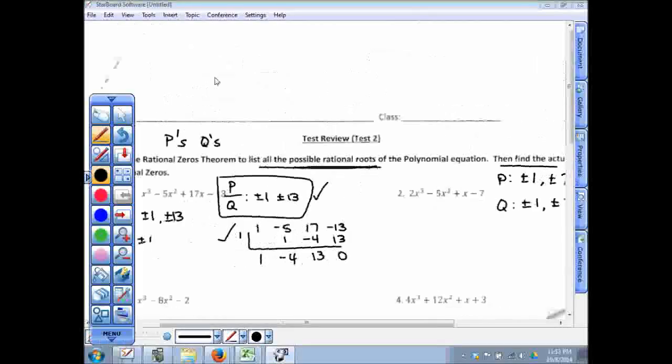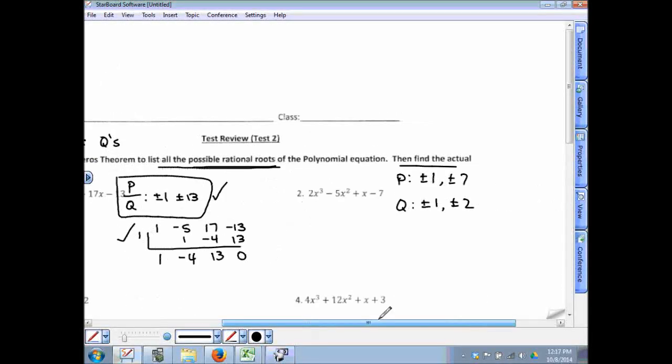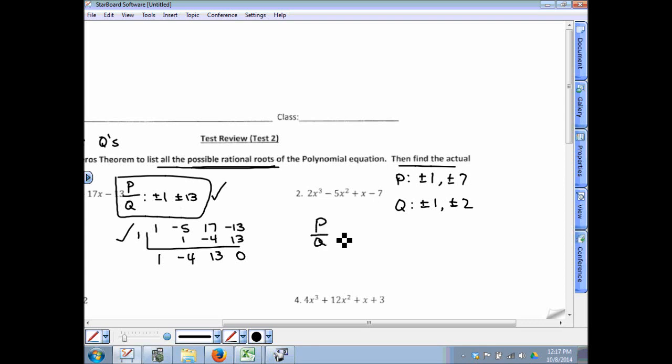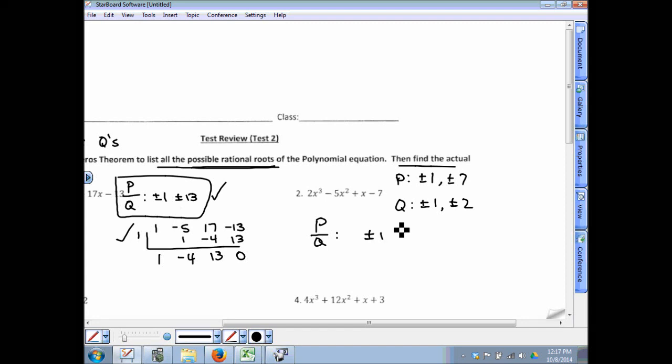Here we go. So the difference here in question 2 is Q has a few more numbers. It's not a big deal. It's not a super hard question, but the difference is in how we form P divided by Q. So you just start with one number of P divided by everything in Q. Plus or minus 1 divided by plus or minus 1 is plus or minus 1.